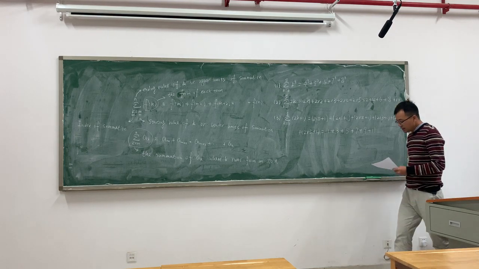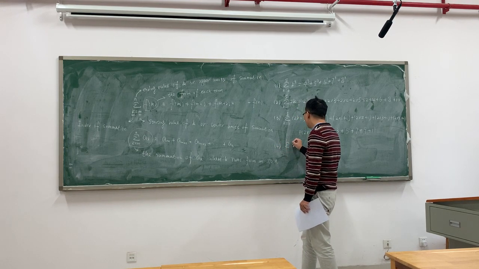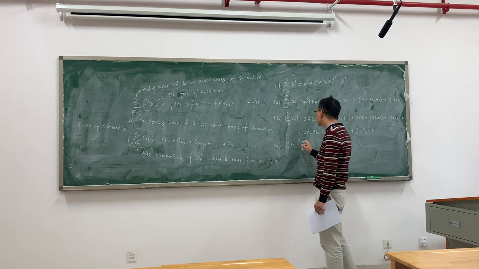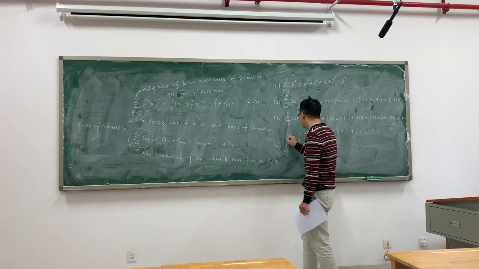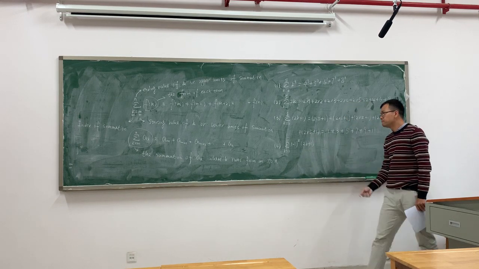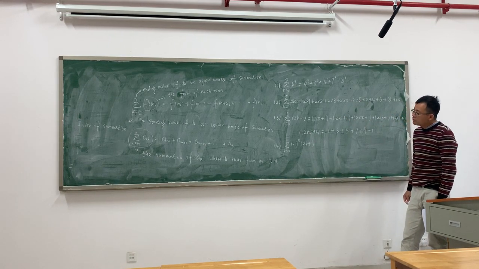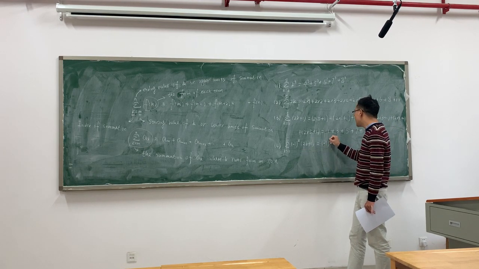Now the same idea: the summation of (minus 1) to the power k times (2k plus 1), as k runs from 0 to 5. So the first term is (minus 1) to the power 0 times (2 times 0 plus 1).